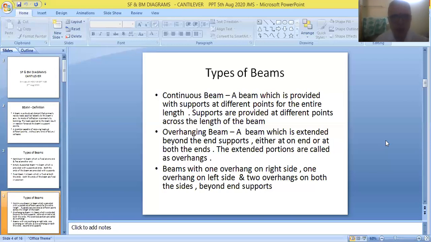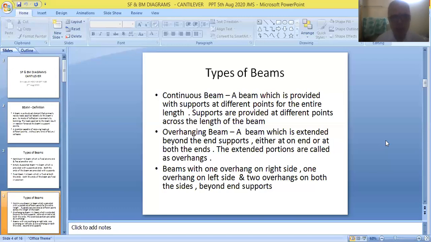And friends, lastly, the last one is called the overhanging beam. Now, in some cases, the length of the beam is extended beyond the end supports. So it so happens that the length of the beam will be extended beyond the end supports.